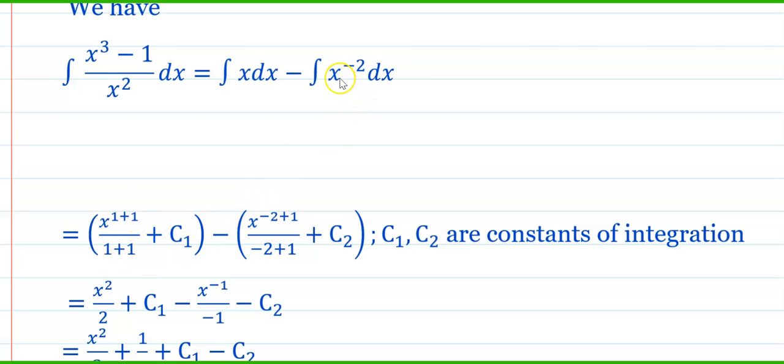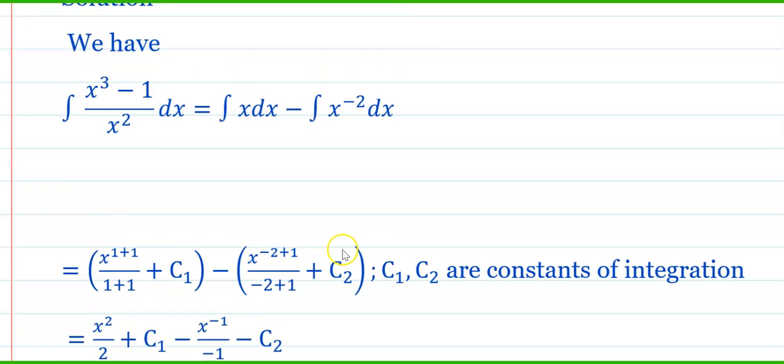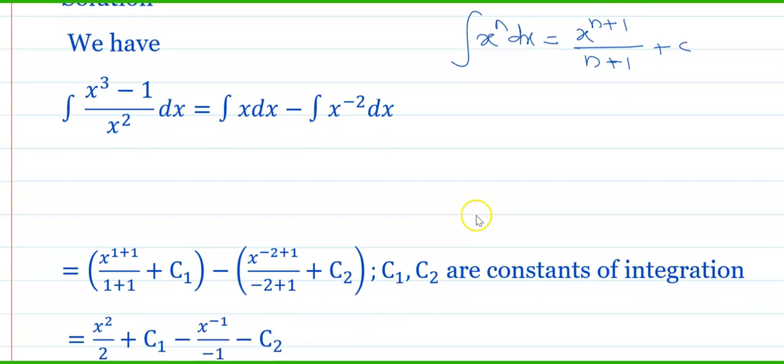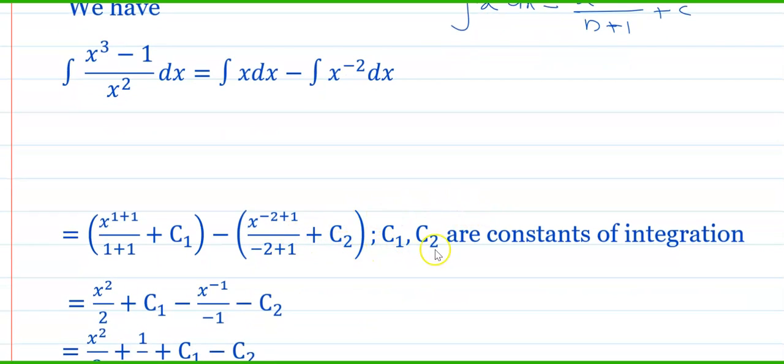For the next, x raised to minus 2 plus 1 upon minus 2 plus 1 plus c2. Here the formula is the integral of x raised to n dx equals x raised to n plus 1 upon n plus 1 plus c. In this way we get this, where c1 and c2 are constants of integration.